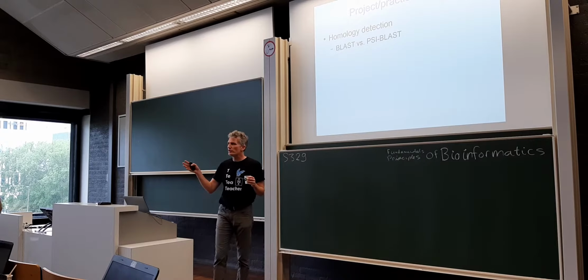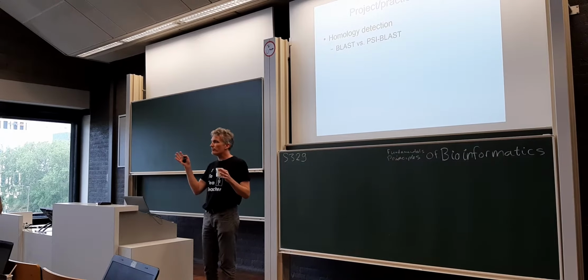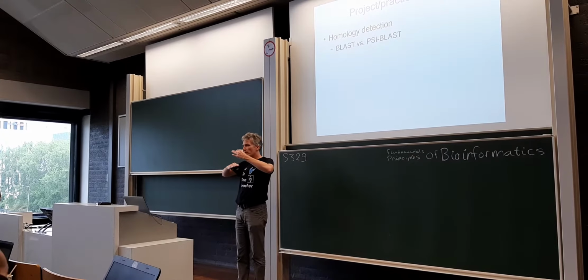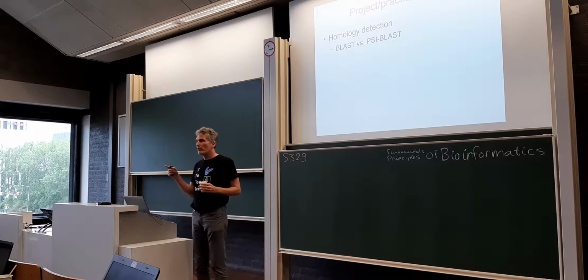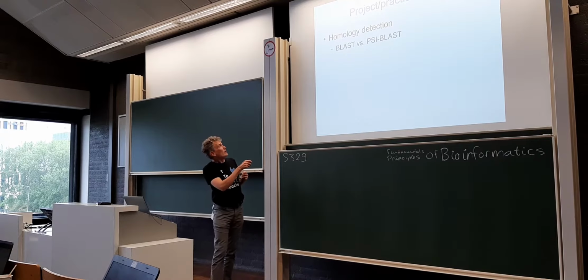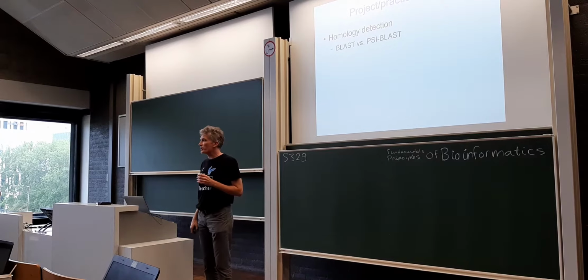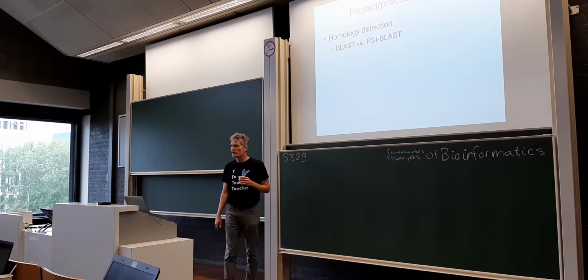Kim yesterday mentioned HMM models that are actually very sensitive for detecting remote homology, because they use a lot of data from related sequences to make a profile by which you can recognize very distant relatives. BLAST, Basic Local Alignment Search Tool, is the simplest homology detection tool that we have, and that's probably the reason that it's still the most well used.